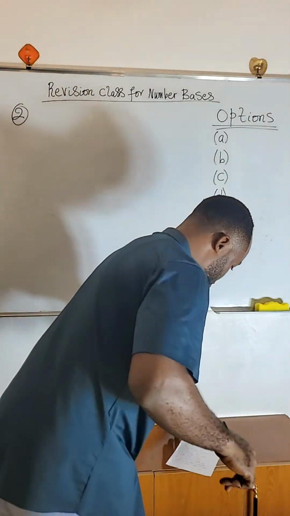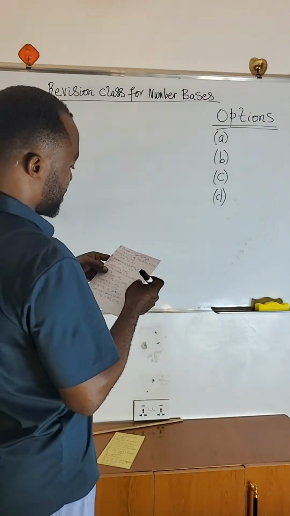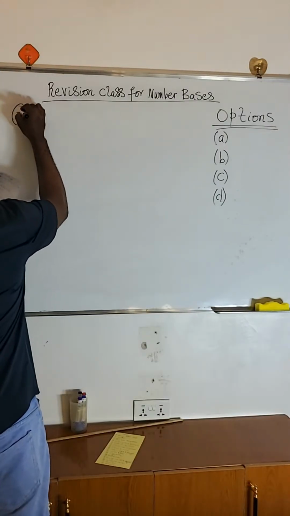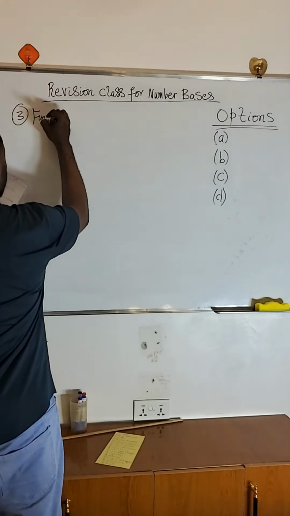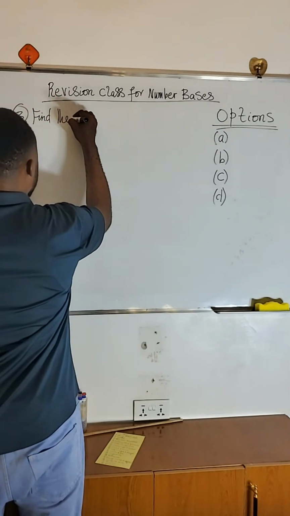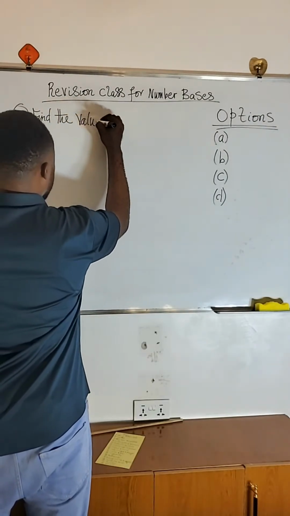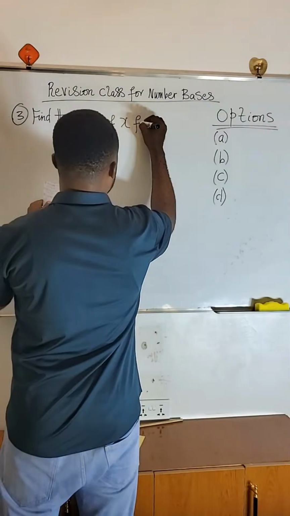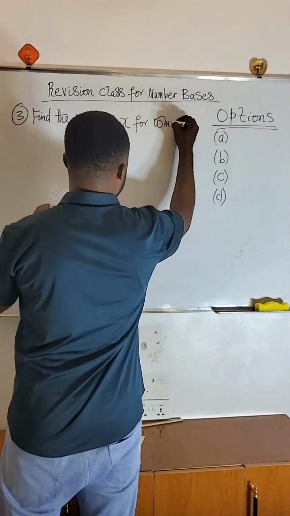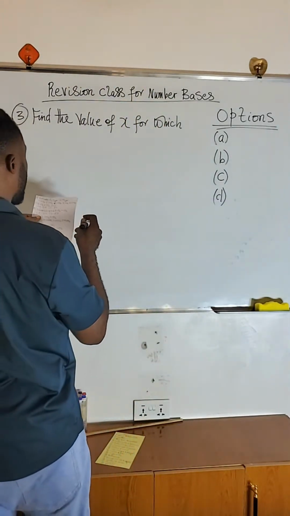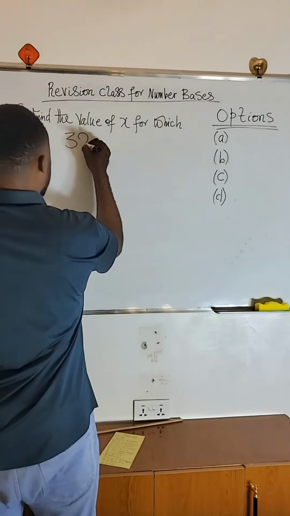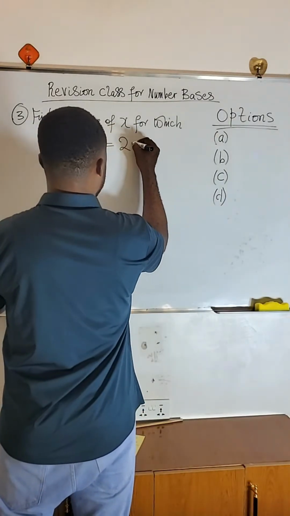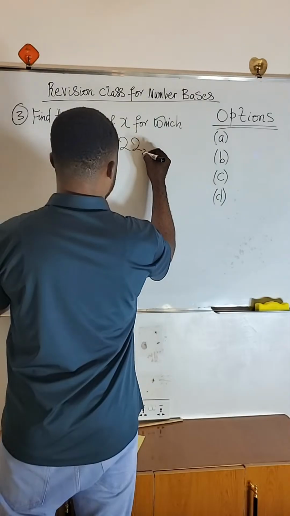So let's take question number 3. Question number 3 says, find the value of x for which 32 in base 4 equals 22 in base x.